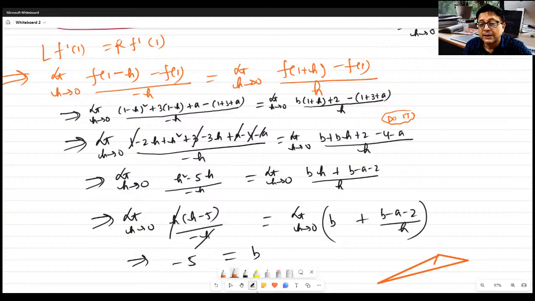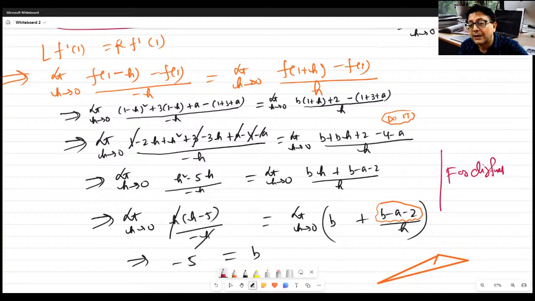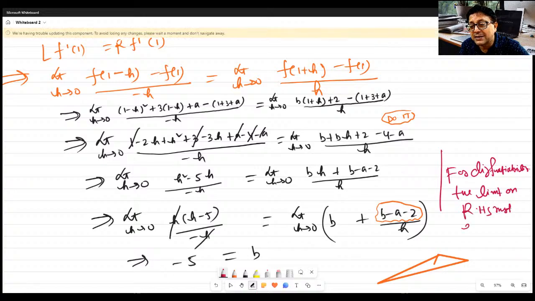Which part? This part. So you write your comment here: for differentiability, the limit on RHS must exist.